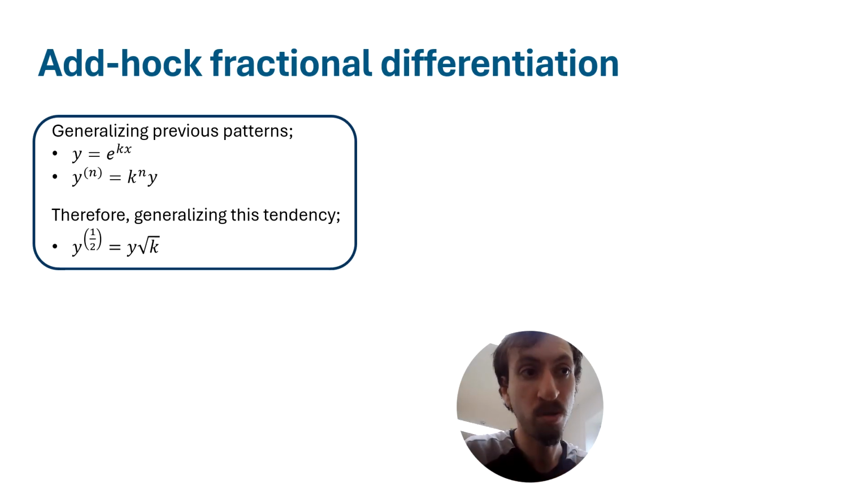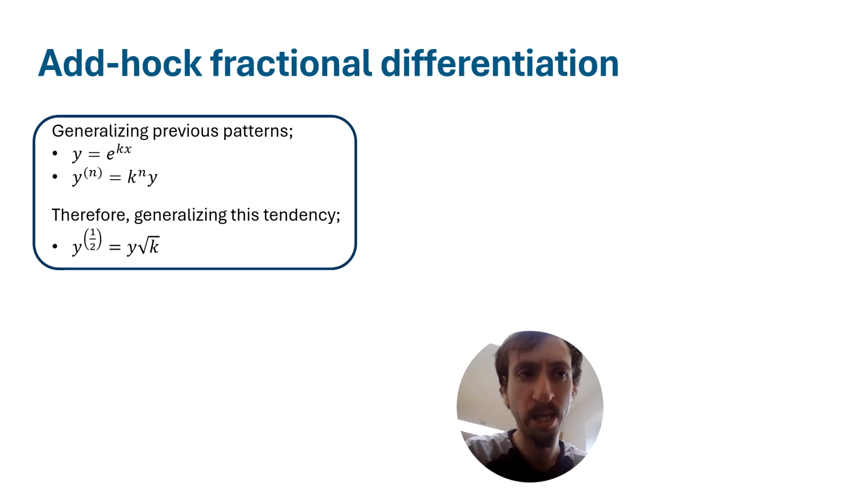For example, continuing the pattern we have above, the half derivative of y should be y times the square root of k, and that's just extending the pattern.